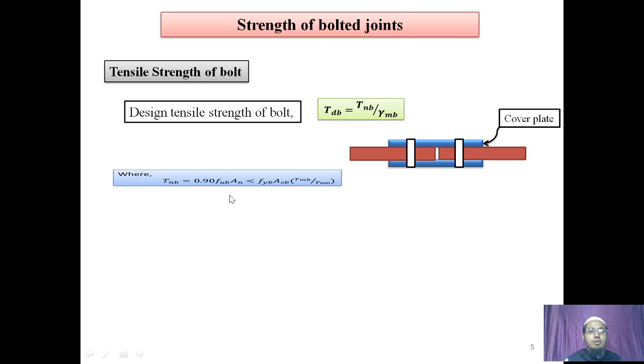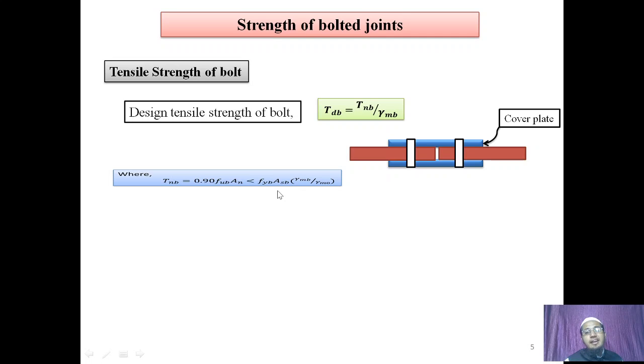What about this Fub? We have discussed this in previous sessions about the strength and types of bolts, in which we discussed the 4.6 grade bolt. That 4.6 indicates the ultimate and yield strength of the bolt. Fyb is the yield strength of bolt.